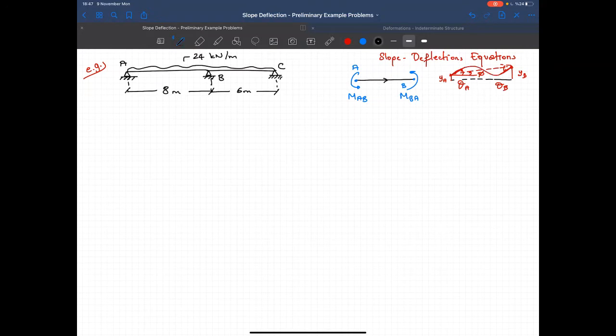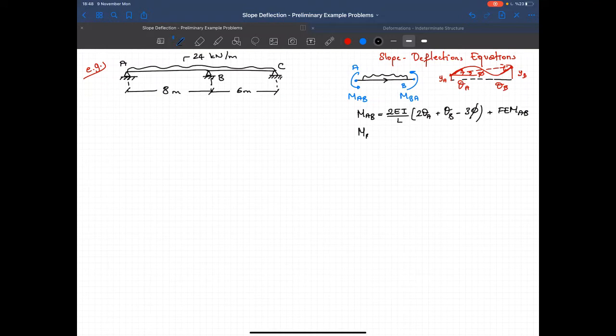And then we said that under this given moment, if we have the following deformed shape, MAB is equal to 2EI over L times 2 theta A plus theta B minus 3 times the chord rotation. And we may have any loading here, and we calculate the effect of loading by writing down the fixed end moments, fixed end moment AB.